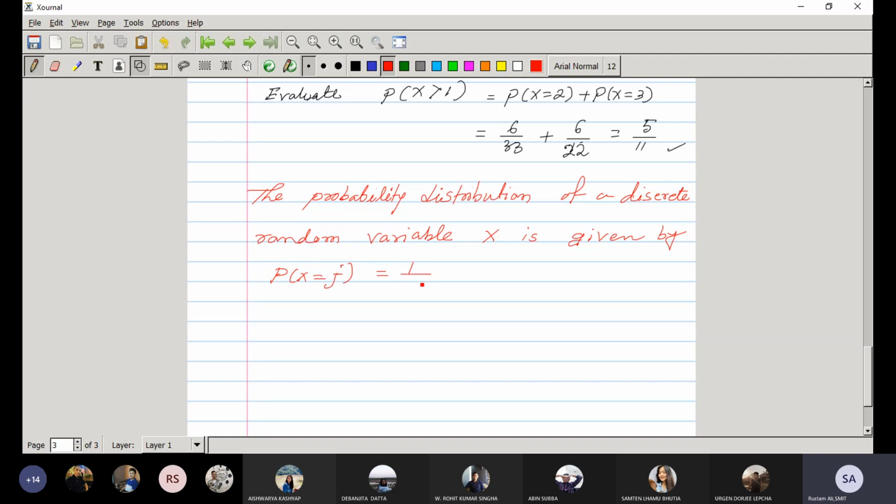This is 1 by 2 to the power j, and j is taking the value 1, 2, 3 up to infinity.